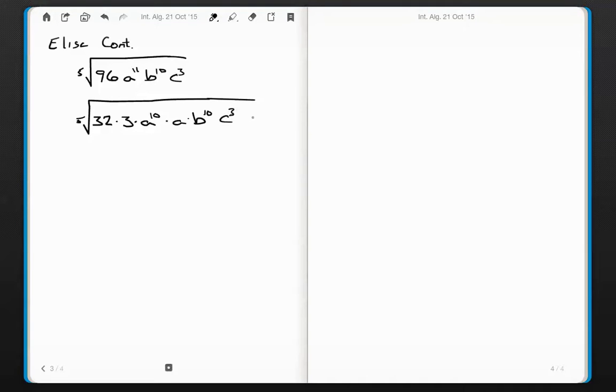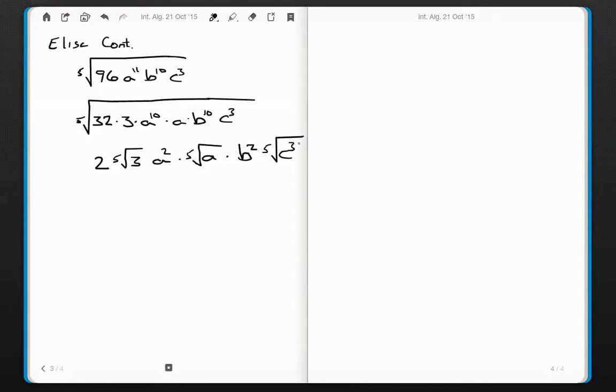It's too small to take a fifth root. And so I know that this becomes the fifth root of 32, which is 2, times the fifth root of 3, times a squared, times the fifth root of a, times b squared, and then the fifth root of c cubed.